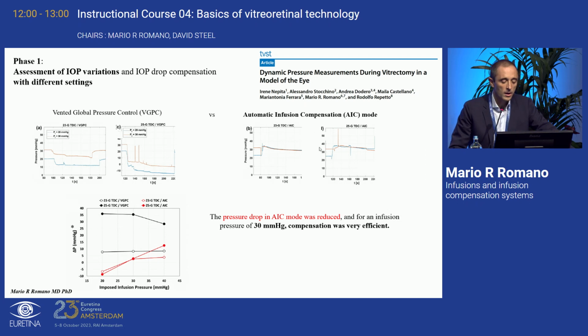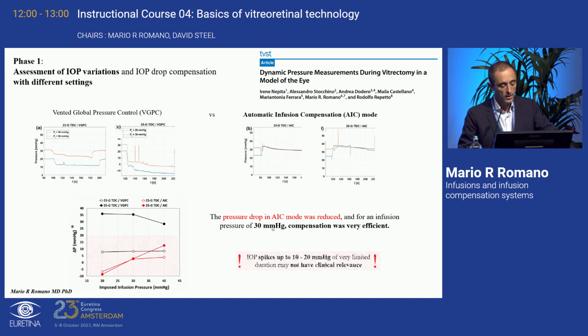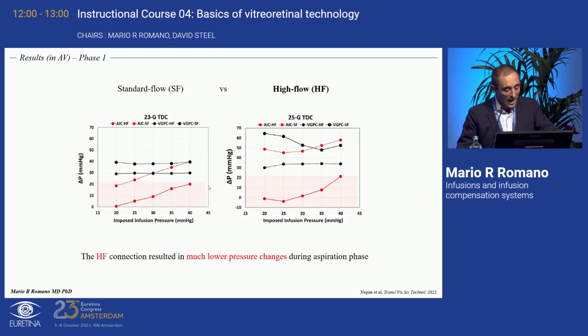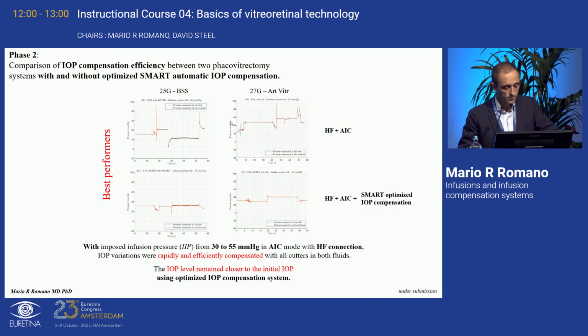At the end, we published that the pressure drop with automatic infusion compensation was reduced, okay? The best balance was having the pressure at 30 millimeters of mercury, and the spikes that we had were at most between 10 and 20 millimeters of mercury. The high flow connection resulted in much lower pressure changes, so the higher infusion inflow that we have helps a lot.